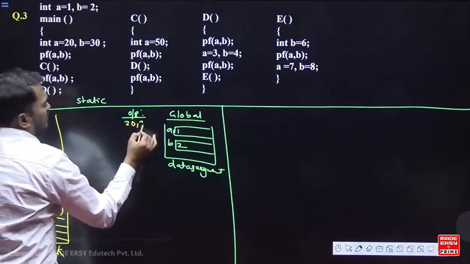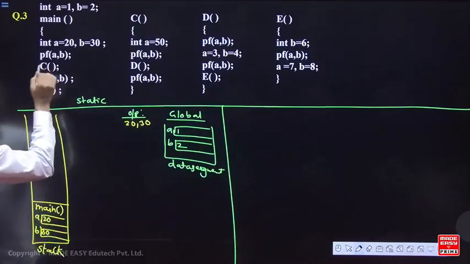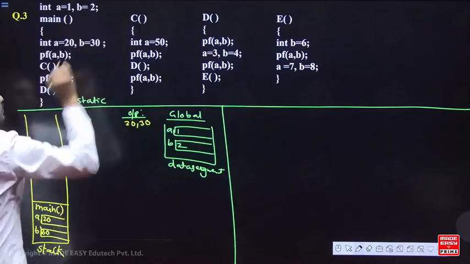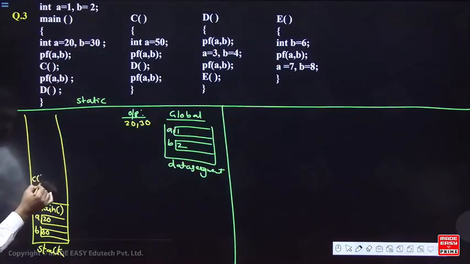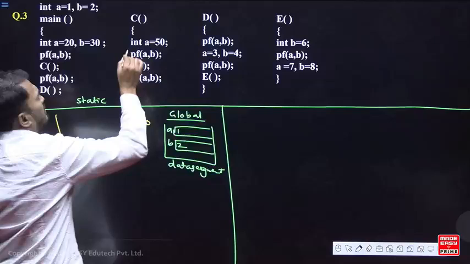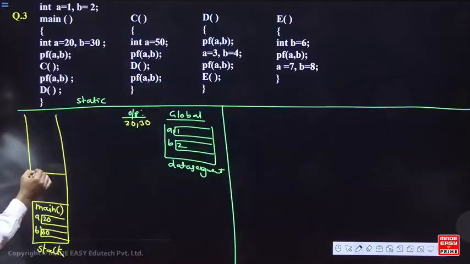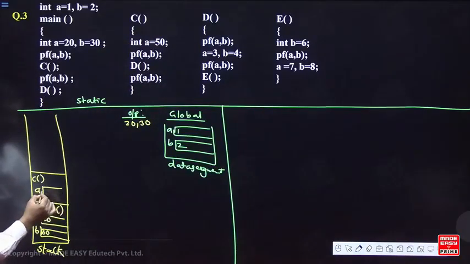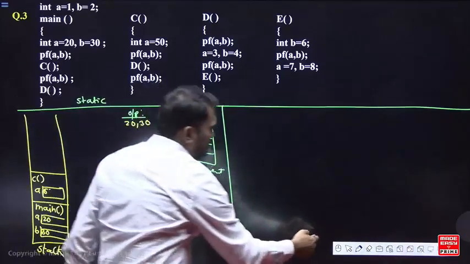So 20 30 is the first output. Next, when you are calling the function c, c will be pushed into stack. In c, you are saying a equal to 50. So a is a local variable, initialized, so the value of a will change to 50.